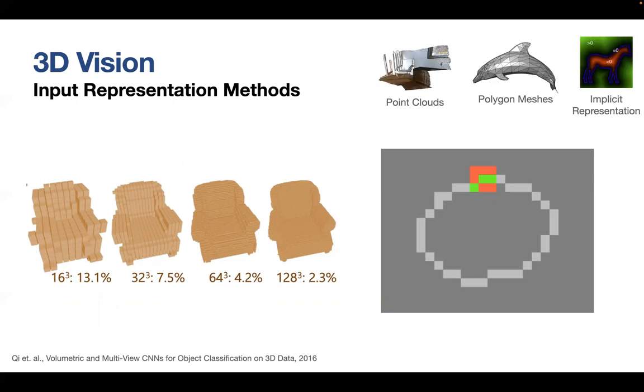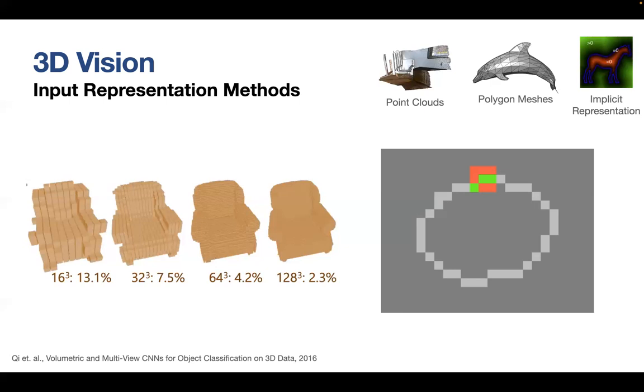But when we increase the resolution, the space that the surface takes gets smaller and more fine. On the right-hand side, for example, we have 128 to the power of 3 dimensionality, and only 2.3% of the whole grid is occupied. So if we concentrate our convolutions on only this 2% of the image, it gets way more efficient.